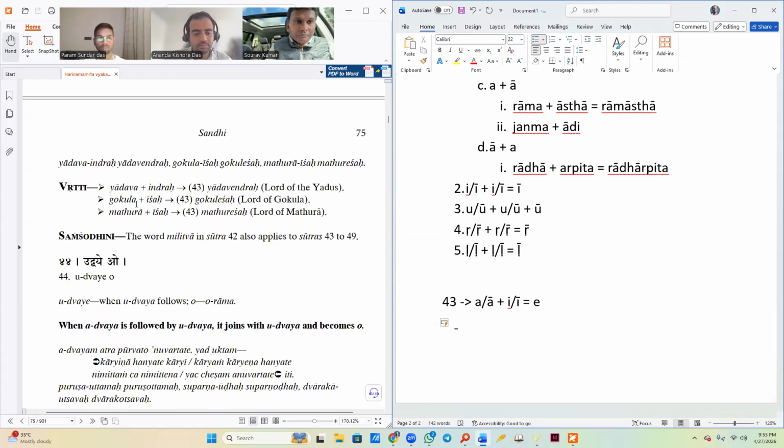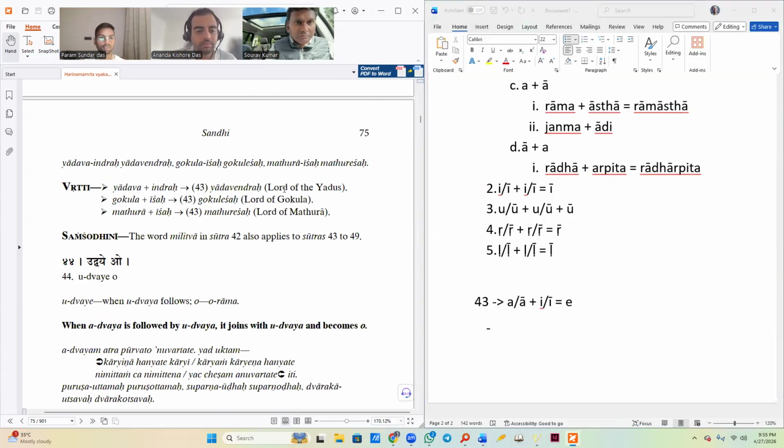Jiva Goswami gives examples. Yadava Indraha becomes Yadavendra. Gokula Ishaha, Gokuleshaha. Mathura Ishaha, Mathuresha. Any other example you can think of? Mahesh, Suresh, all these are Prabhu's names too.